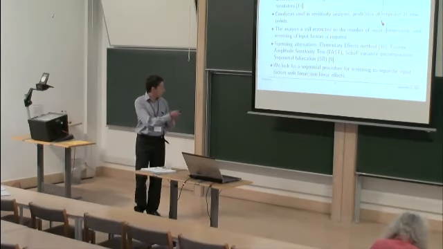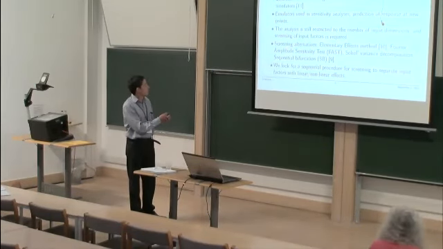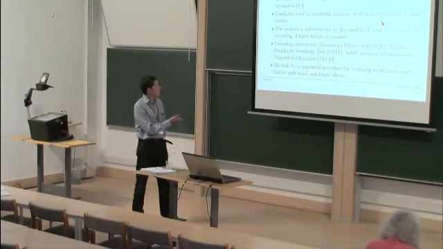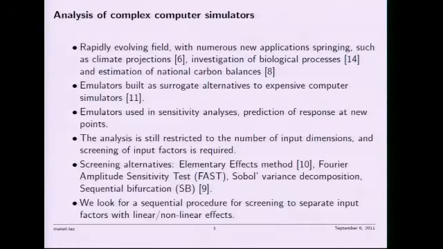So, just to mention a couple of screening alternatives that we have. A classical, well established alternative is the elementary effects method, first proposed by Max Morris. There are other alternatives based on variance, for instance the Sobol variance decomposition, but that would not necessarily be quite efficient.